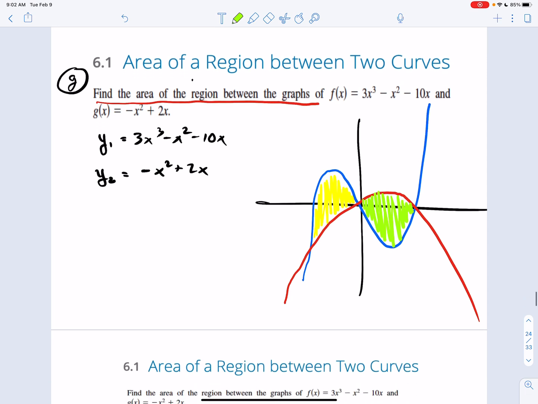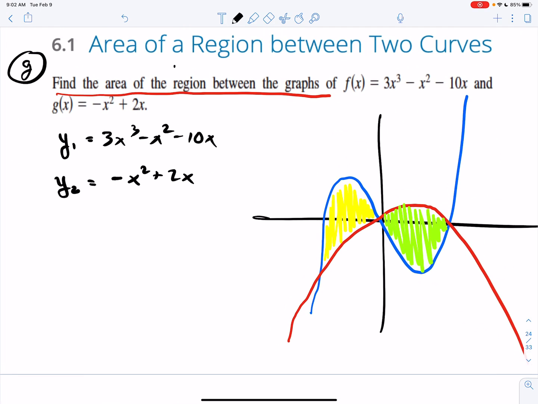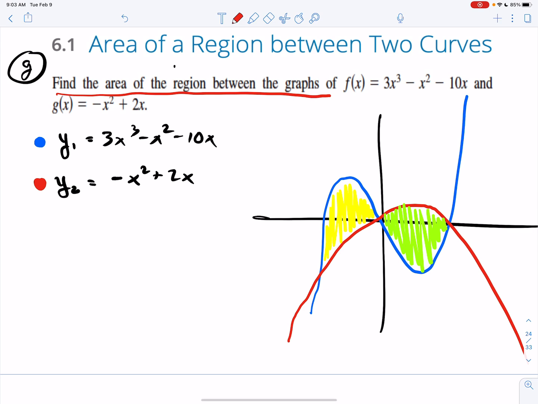Okay, so here, if I'm in the yellow region, I know that my top function is that blue one. Let me go back and check my colors. My blue one is y1, and my red one is y2, just to make sure that we're on the same page. Those of you that are using black and white calculators, it really doesn't matter.